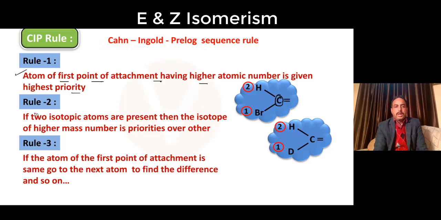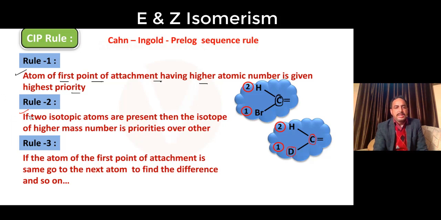Now, in case two different isotopes are attached to the double bonded carbon atom, then the heavier isotope is most preferred. This means priority is given to higher atomic mass, or we can say the heavier isotope.